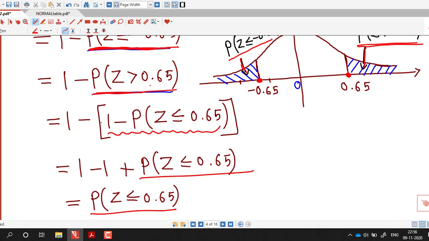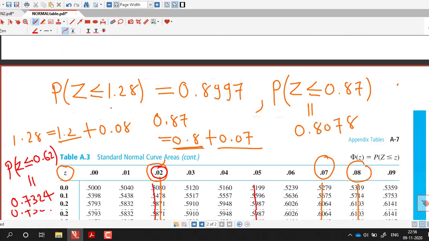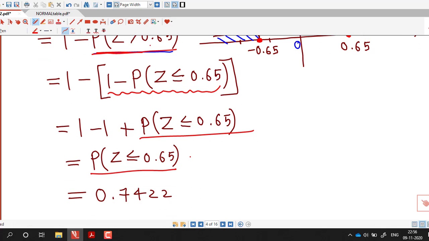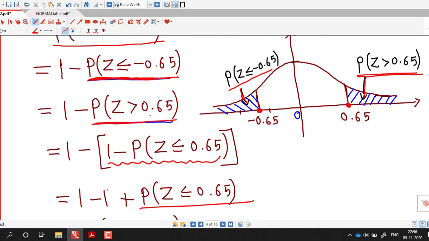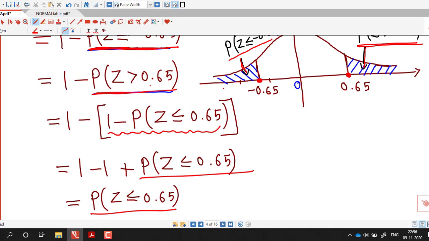So if we look at the table for 0.65, 0.65 is here, we have to go up to 5. So this is 0, 0.01, 0.02, 0.03, 0.04 and 0.05, which is 0.7422. So the answer is the same in both ways: 0.7422.